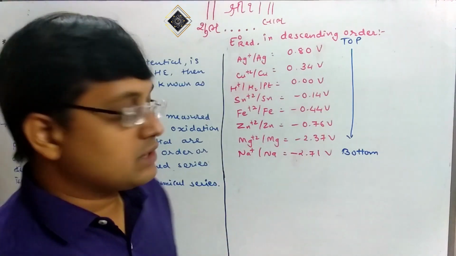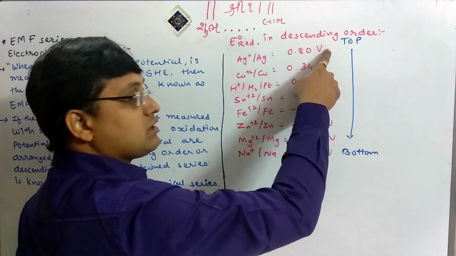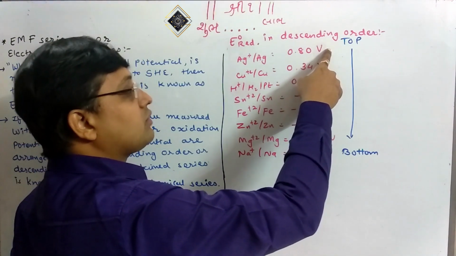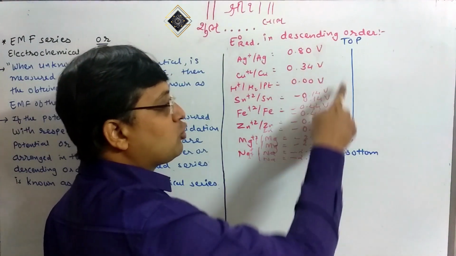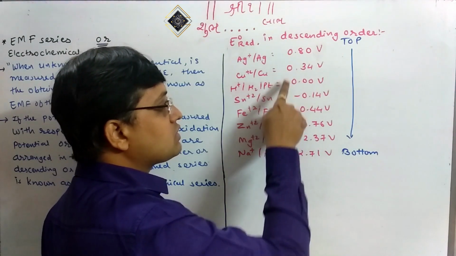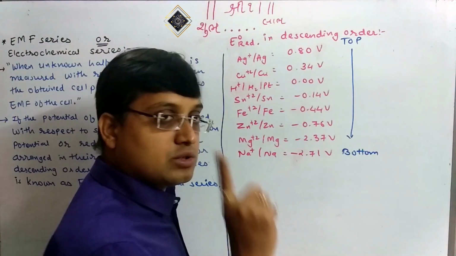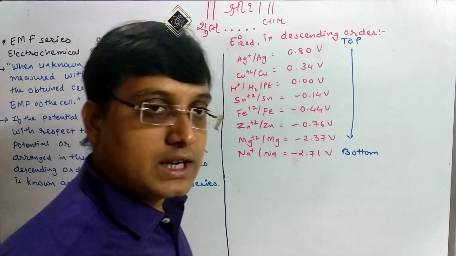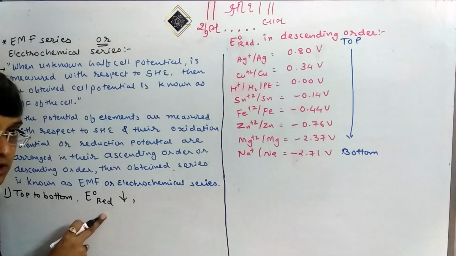Now just give attention. As we observe in this given reduction descending order of EMF series, when we move from top to bottom in EMF series, the reduction potential values decrease. So this one is the first point of the characteristics. You have to write it in a statement only.